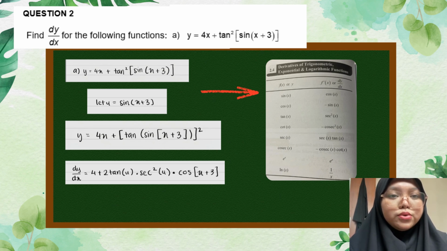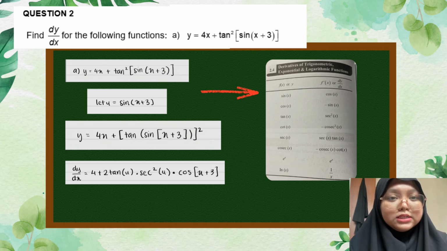After that, we need to expand the tan to the power of 2 inside the sin x plus 3, and then it will become y equal to 4x plus tan to the power of 2 bracket sin bracket x plus 3 bracket. After that, we need to differentiate the 4x and it will become 4. And then we need to get rid of the power of 2 by moving it in front of the tan and it will become 2 tan.